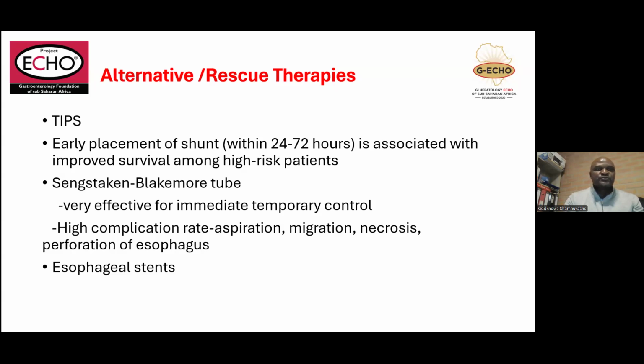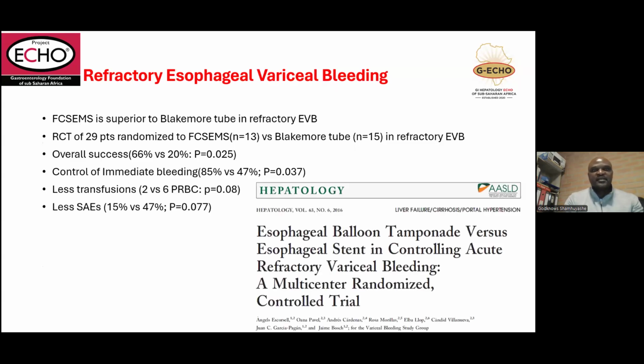There is also the use of esophageal stents. A study was published which showed that fully covered self-expandable metal stents, FCSEMS, were superior to Blakemore tubes in refractory esophageal variceal bleeding.